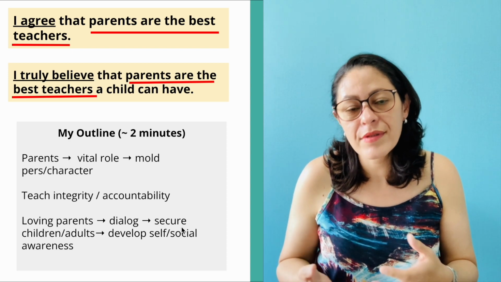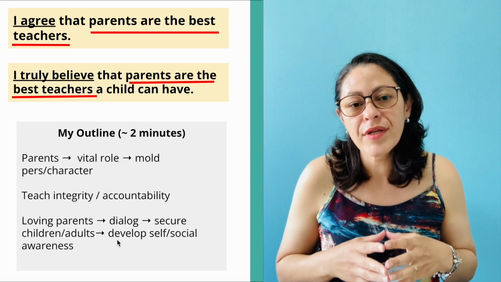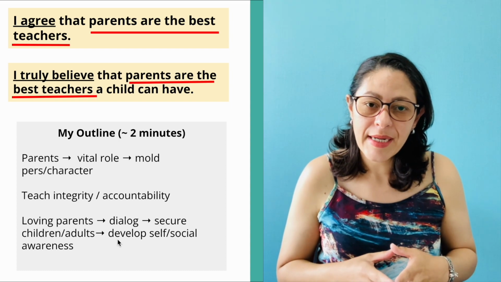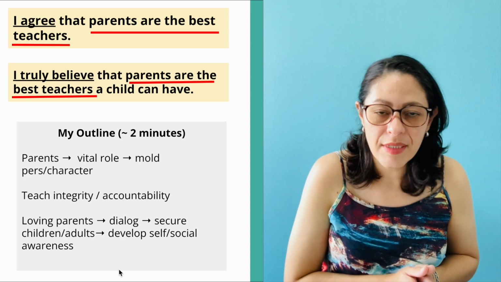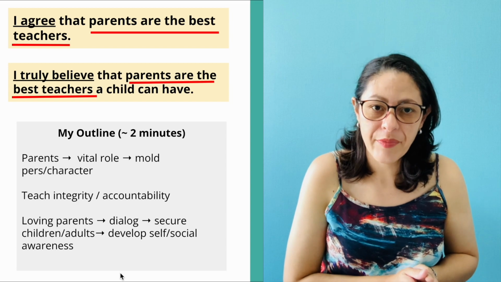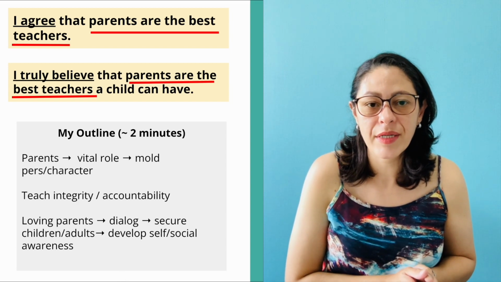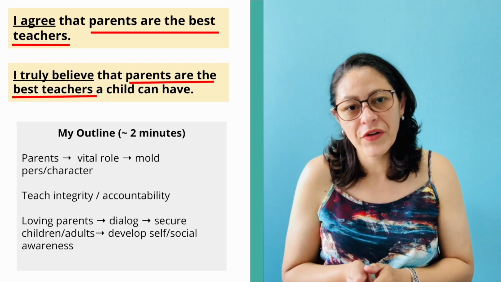And as adults, they have more self-awareness and social awareness. So these are the supporting ideas that I want to insert in my piece of writing. Now it's easier to come up with examples and explanations for my opinion because I already know what I'm gonna use. Now let's move on.